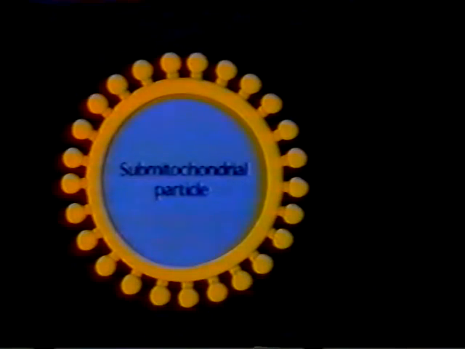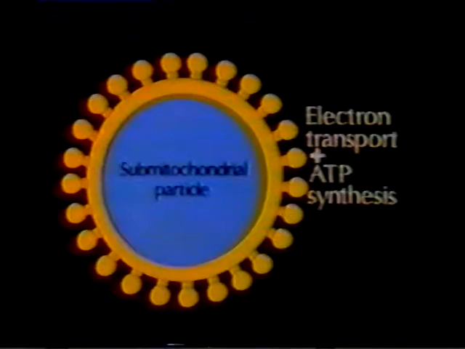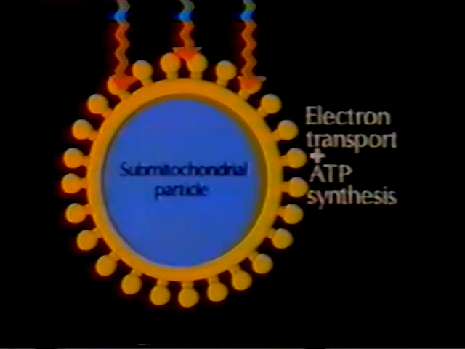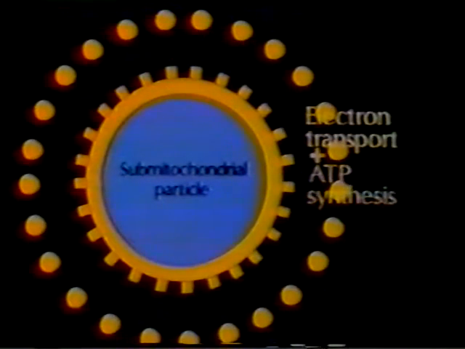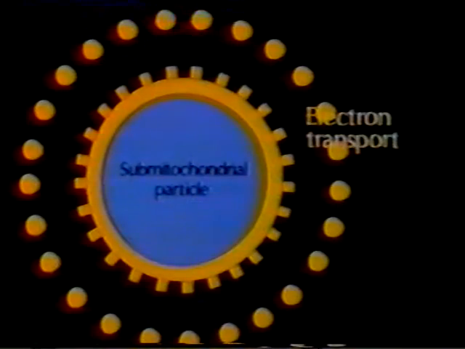Such a submitochondrial particle can couple electron transport to ATP synthesis. However, if the particle is exposed to strong ultrasound, the 90 angstrom spheres are knocked off the membrane, and the resulting particle can no longer make ATP, even though it can still carry out electron transport.